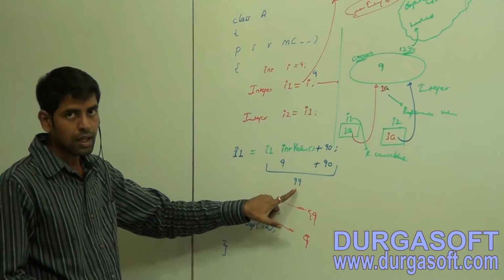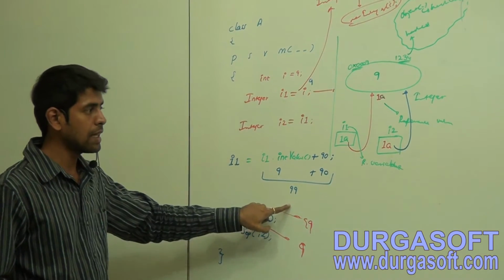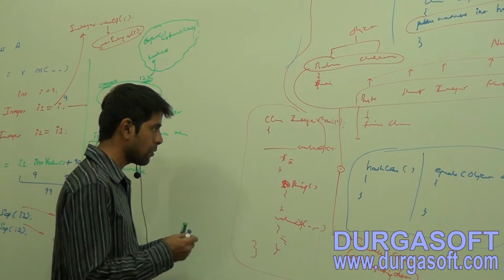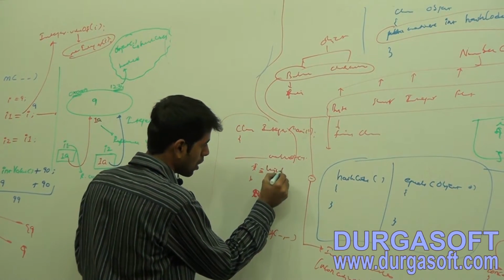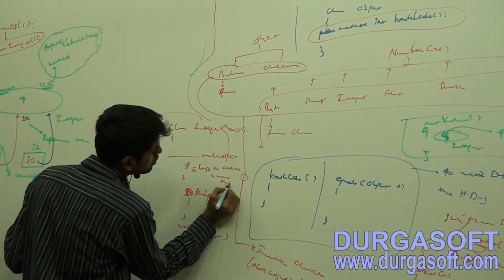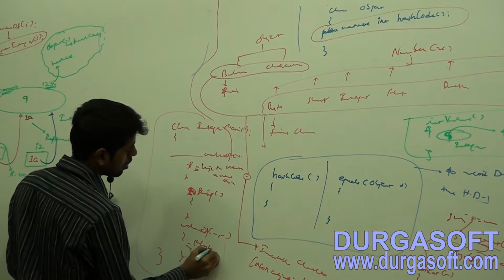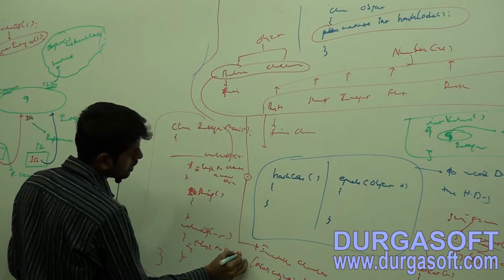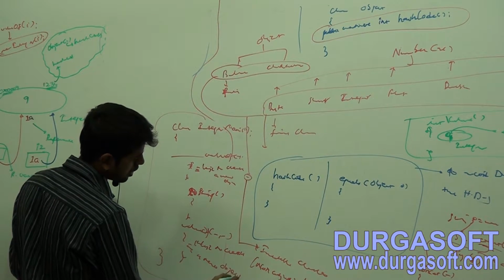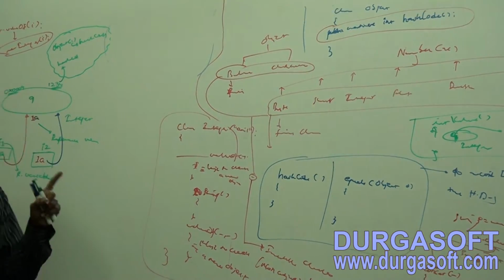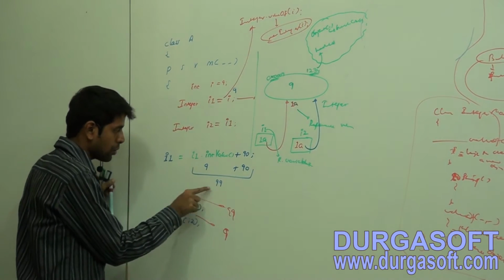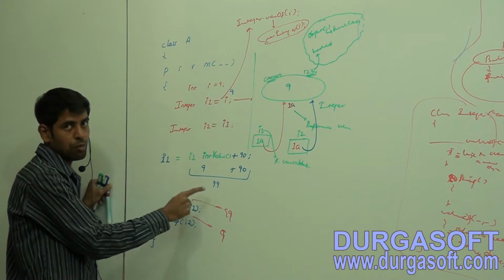This is 99. I said that the valueOf method with a single argument has logic to create a new object. Now observe, here I am assigning a primitive to the reference variable.